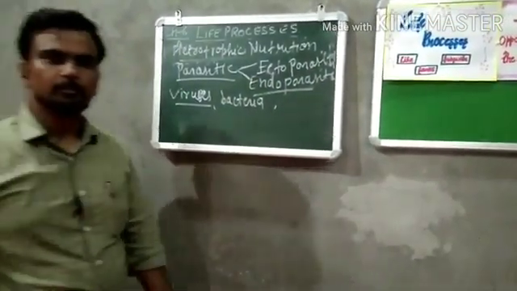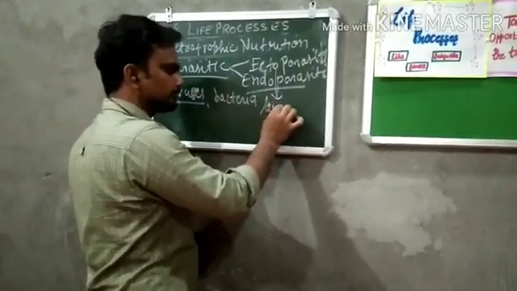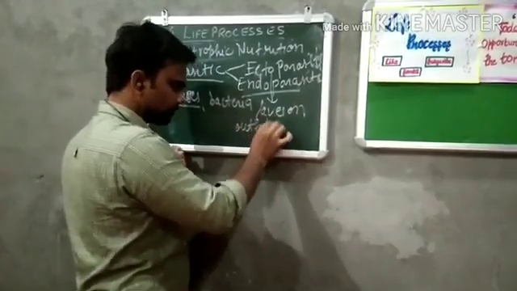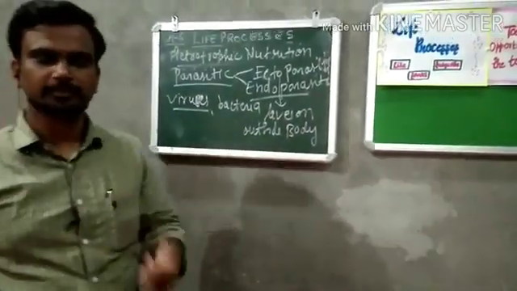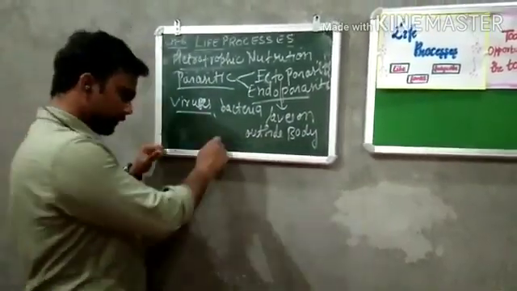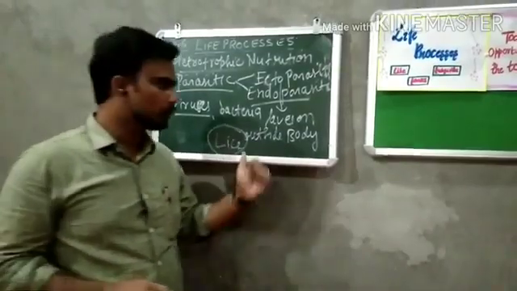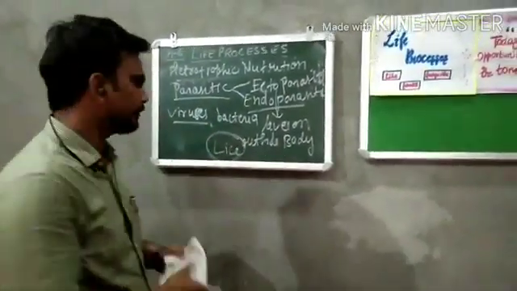Ectoparasites are organisms which live outside the body. They are present outside the body of any organism, like lice in humans, which depend on the blood of humans and other animals.